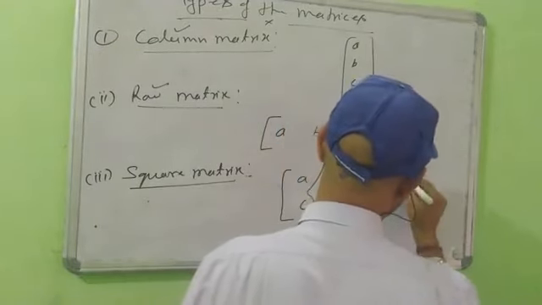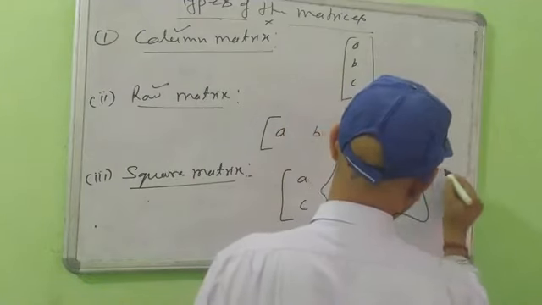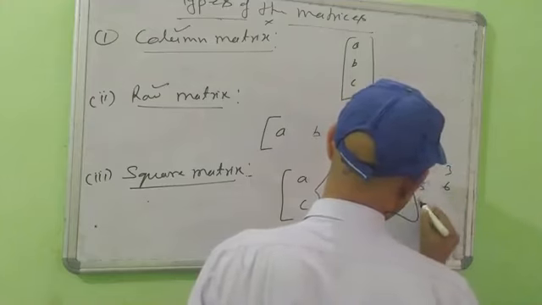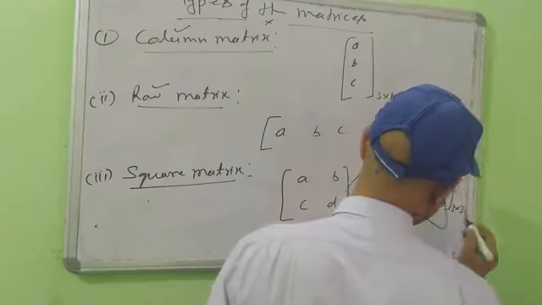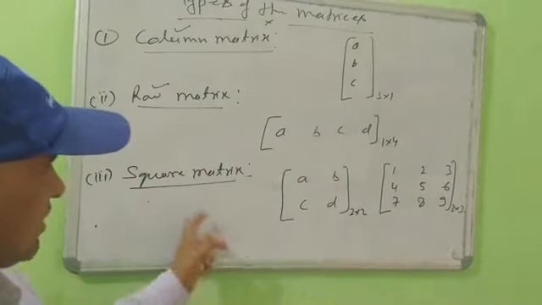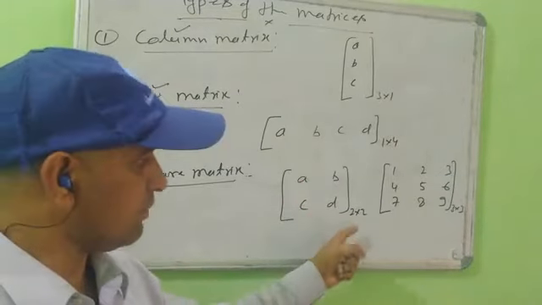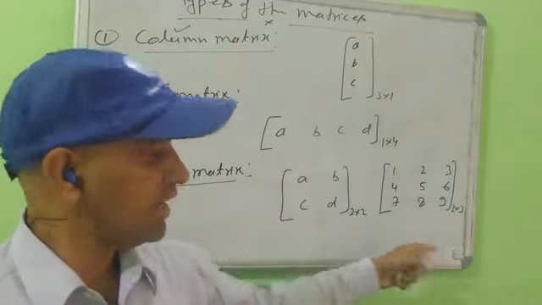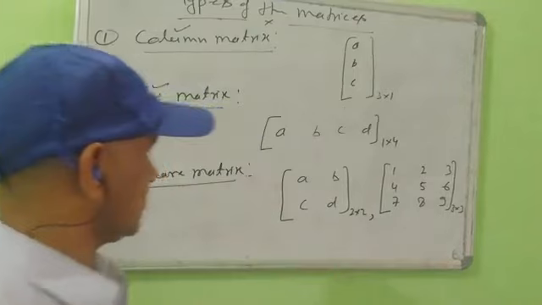Suppose you write A, B, C, D. You can also write numbers, 1, 2, 3, 4, 5, 6, 7, 8, 9. This is a 3 into 3 order matrix. So 2 into 2, 3 into 3, 4 into 4, 5 into 5 are called square matrices.